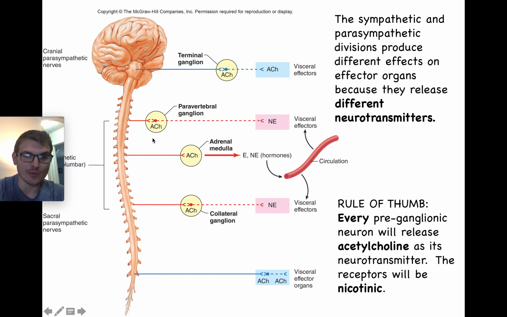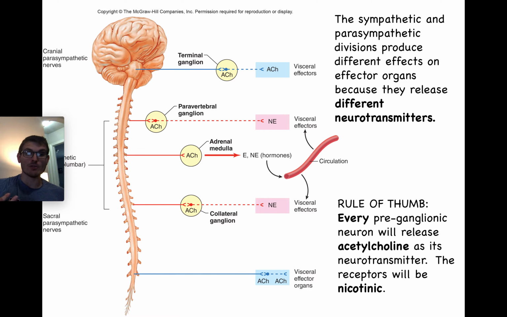And then we have 3 sympathetic, each coming out of the middle of the spinal cord, again, like we talked about. So each one of these 5 pathways has a preganglionic neuron. There's one, there's one, there's one, there's one, and there's one. And each one is going to have a postganglionic neuron. So let's talk about preganglionic neurons first.